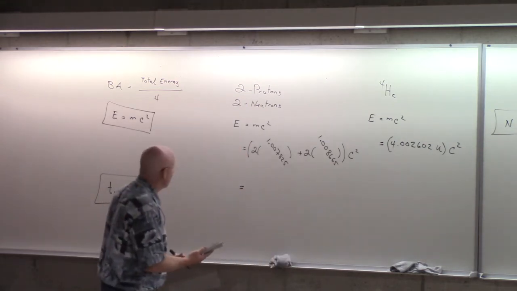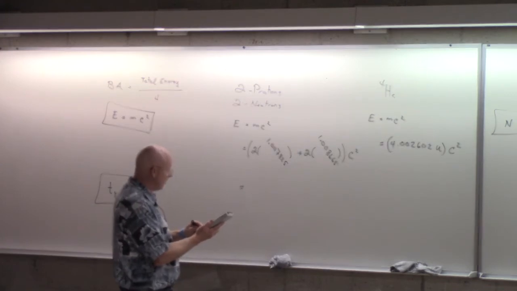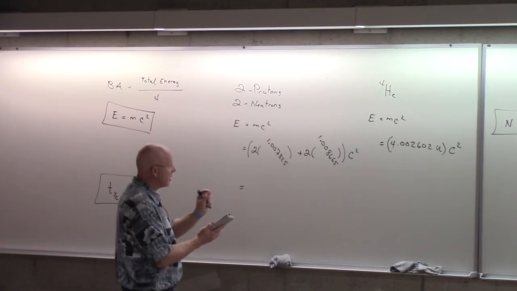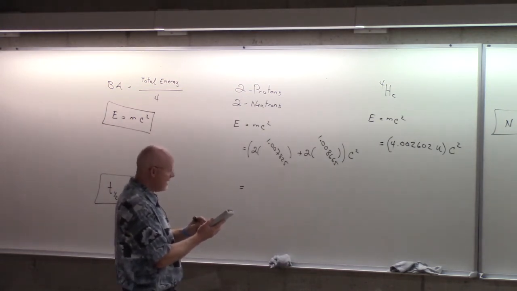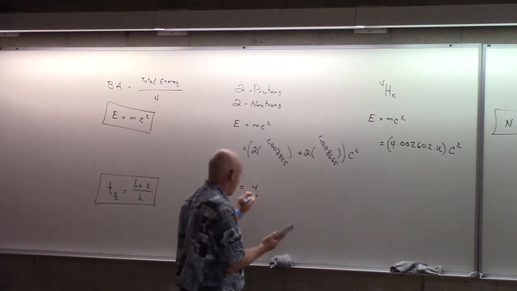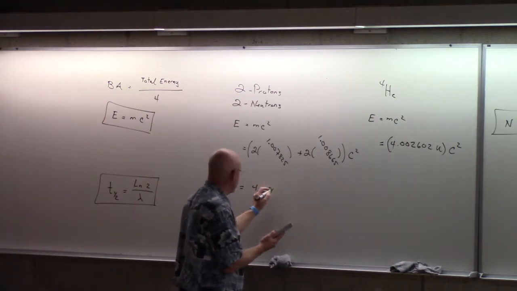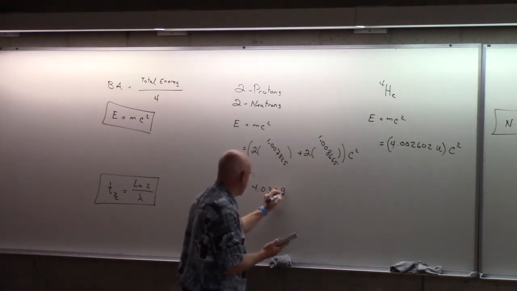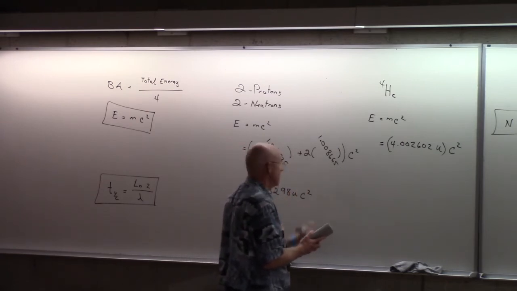All right, so let's see what I get here. 2 times 1.007825. Let me add that to 2 times 1.008665. And I get 4.03298 mu c squared.